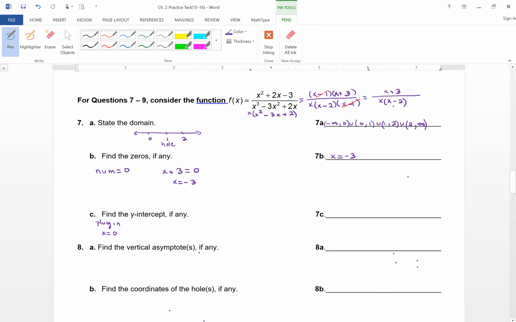But for the zeros, if you had gone here, you would have said x equals negative 3 and x equals 1, right? But there was a hole at 1. So plug in x equals 0. 0 plus 3, again, we're working with the last one, over 0, 0 minus 2. It's 3 over 0, which is undefined. That means no y-intercepts. You can just write none.